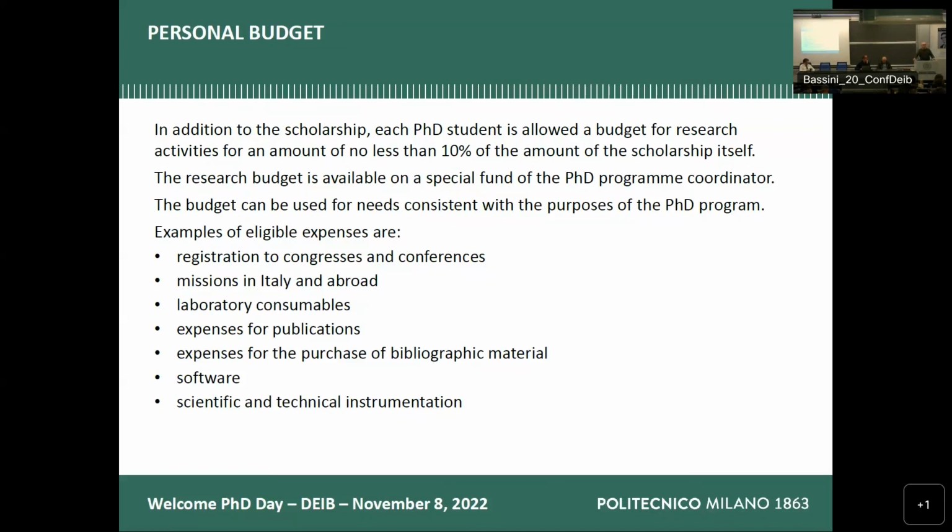But it's not really so large if you think that it has to last for 3 years, and that if you plan to do an experience abroad, that is costly. So save it for going to conferences, going to summer schools, and buying essential personal equipment, and most of all, save it for experiences abroad.